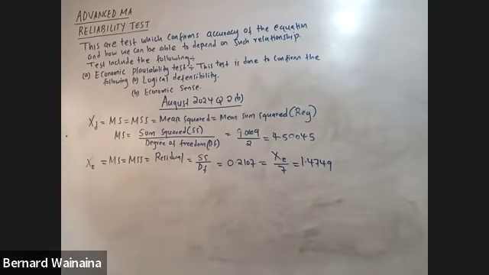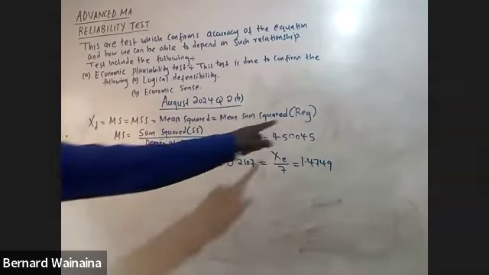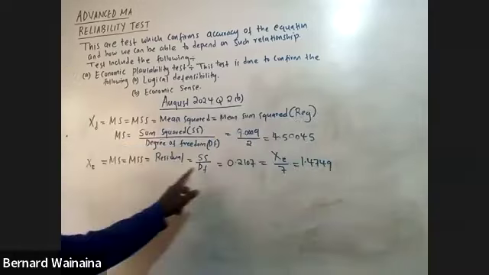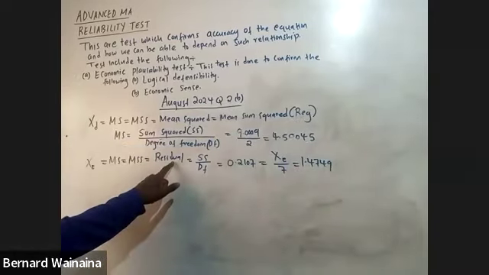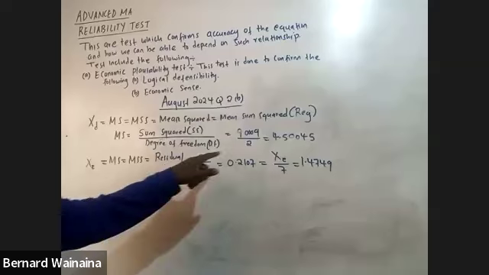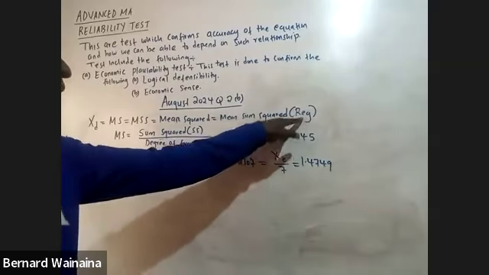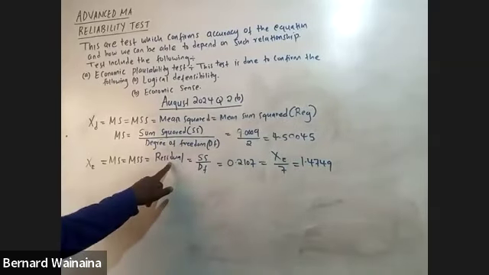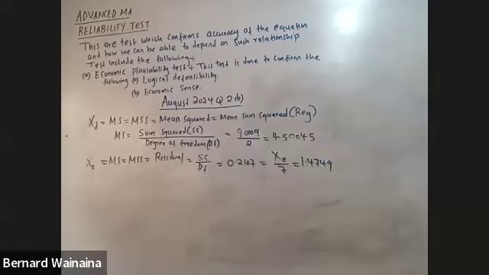Below it we have the regression and the residue. So if you need to find the figures, you need to consider the one for regression and the one for residue from the ANOVA table.